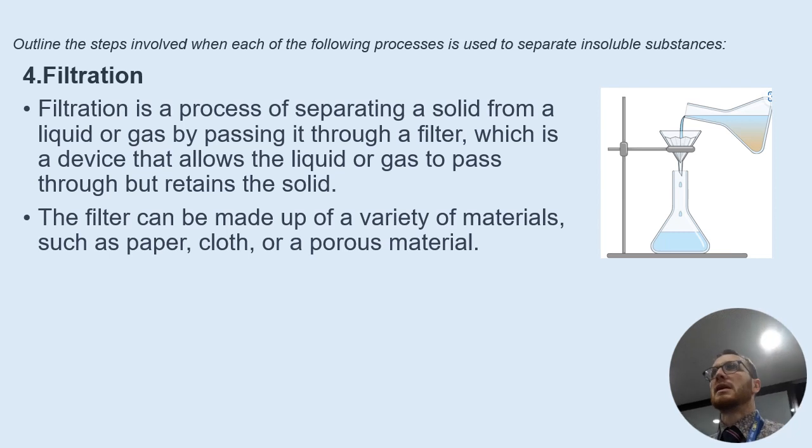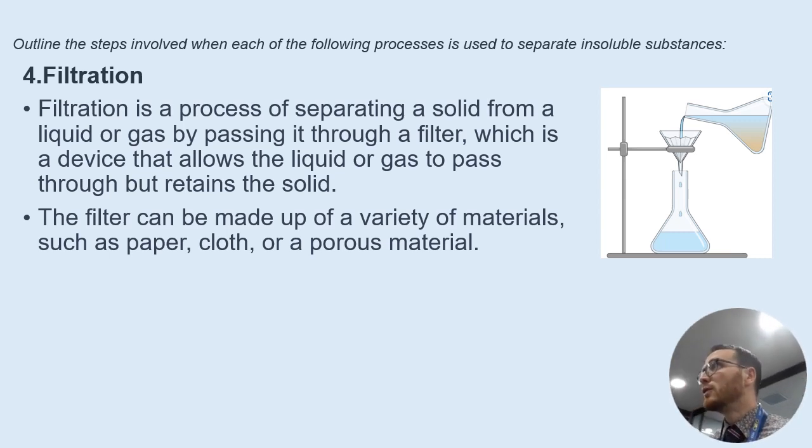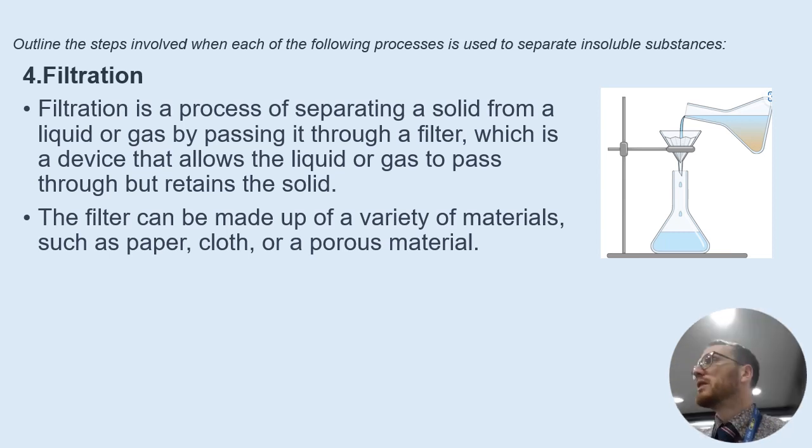We spoke about filtering, and we did the prac last week of our different types of folds that correspond to a time or a rate of filtering. Hopefully what we identified was when I did the conical fold, it took a lot longer. When I did the fluted fold, the back and forth, it filtered much more effectively because we're increasing the surface area to which the liquid can go through.